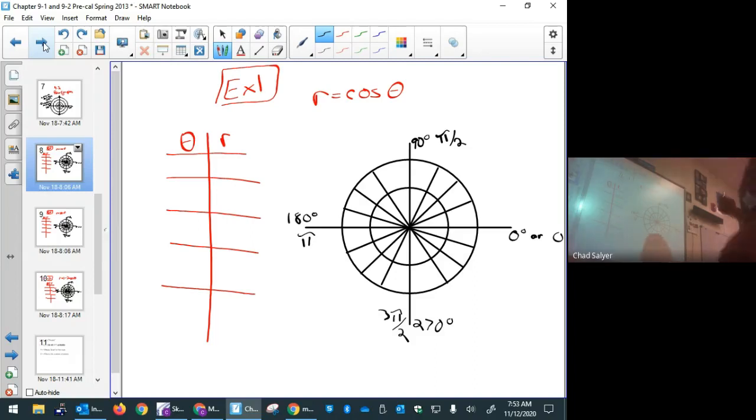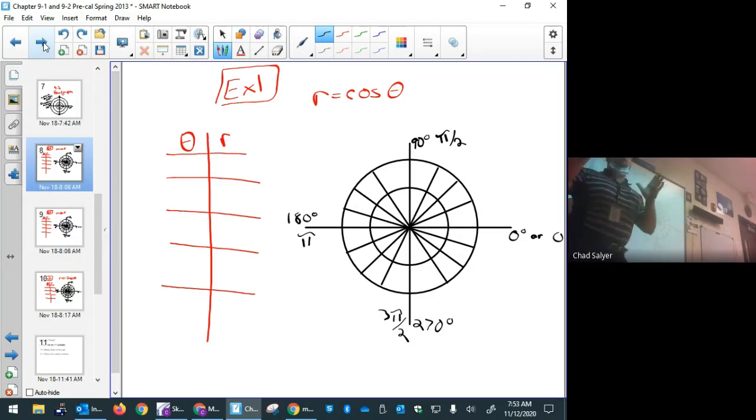So I'm going to pick some angles here, some thetas. R is a function of theta. Theta is the independent variable, in other words, the one we pick. And then R is our dependent variable, in other words, the one that is fixed by that choice. So we choose theta, and then that fixes R to a certain value. Do you see what I mean?